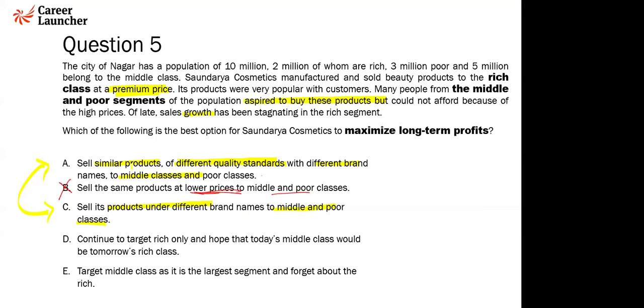A says similar products, not the same product, of different quality standards. Here, there's no segregation. It has the same product, which means it is almost the same thing as choice B. And here it is again silent about the pricing. So C again is not a good option.